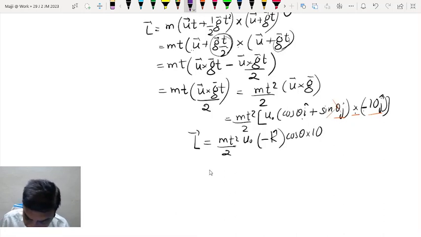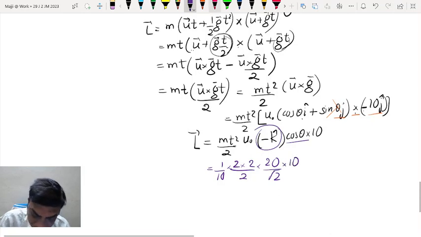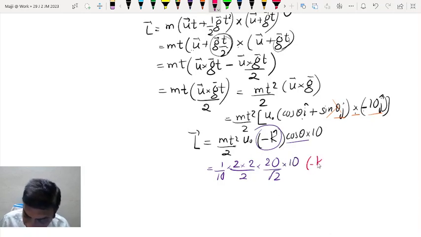Now let us substitute the values. Mass is 100 gram, that is 1 by 10 kg. Time is 2 seconds. Initial speed is 20 meters per second. This is the unit vector, don't worry about this. Cos 45 degrees is 1 by root 2, into 10. So finally this 10 gets cancelled, this 2 gets cancelled, root 2 into root 2.